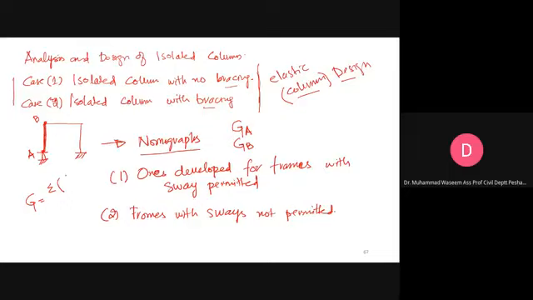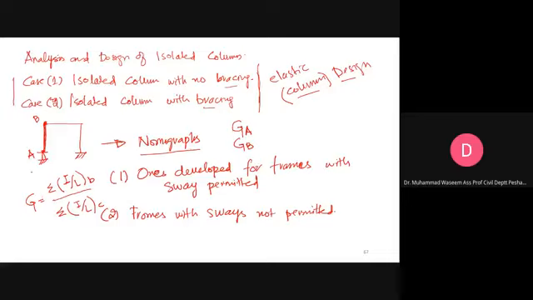So you sum up the stiffnesses of all the columns meeting at this point, and then divide it by the summation of stiffnesses of all the beams meeting at this point. You calculate this value at this point and at this point.